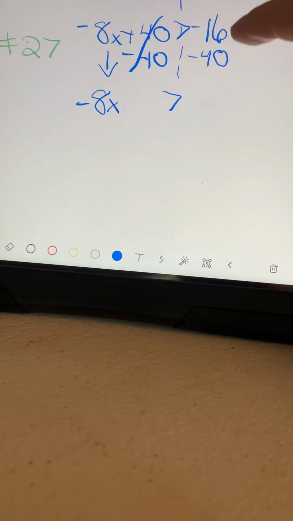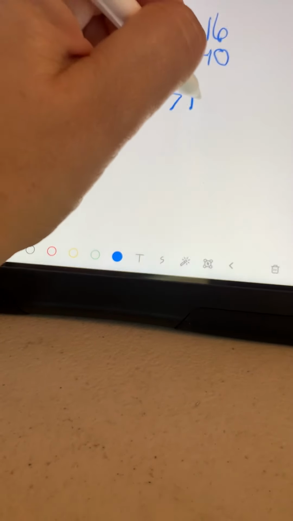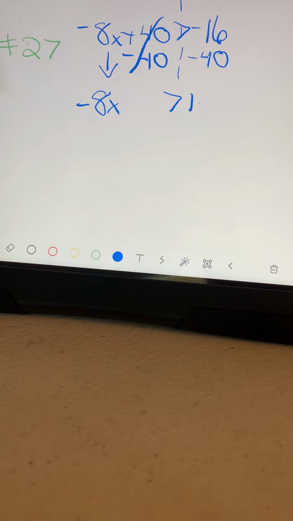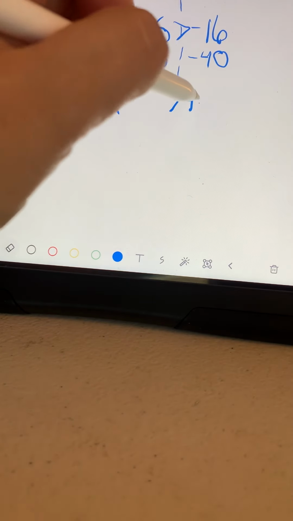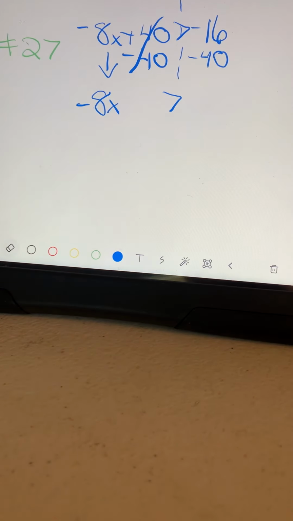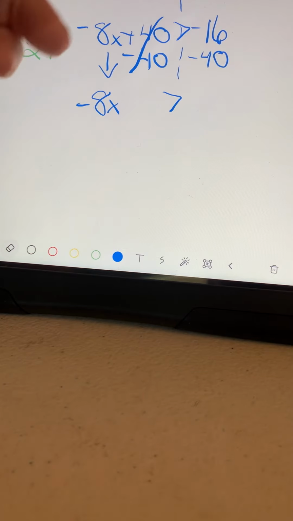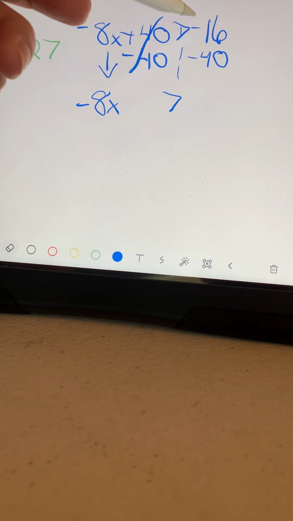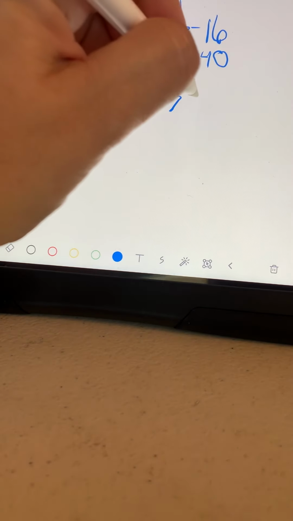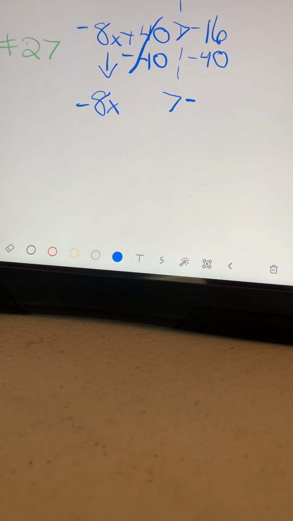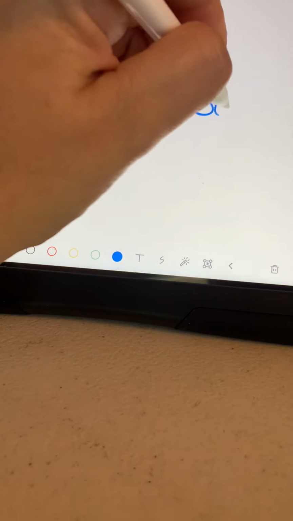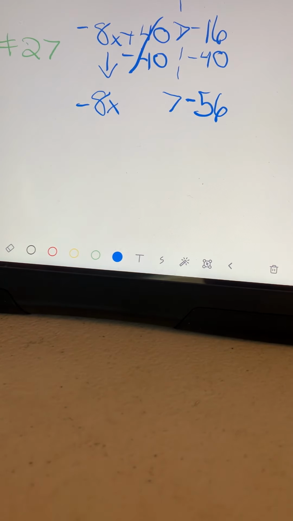I have a negative and a negative, so I'm going to add those. That becomes positive? No, not in this case, but that is a common mistake. So I wanted to point that out. A negative and a negative in this case is still going to give me negative 56. You're going to add them.